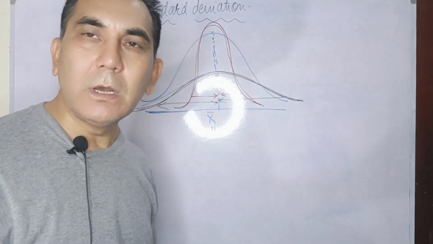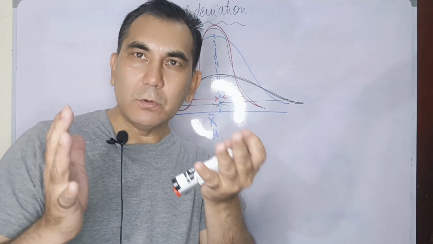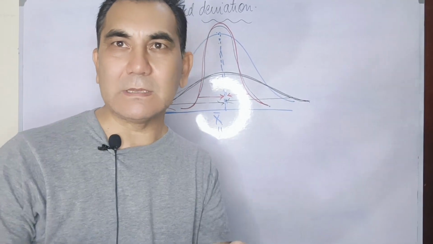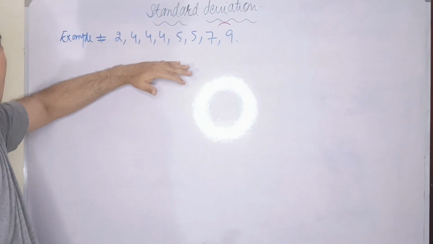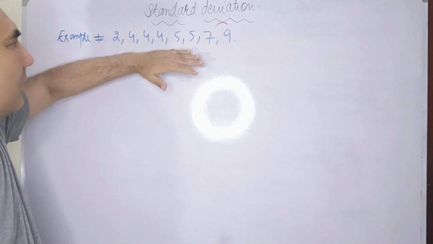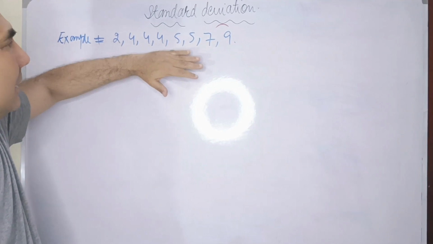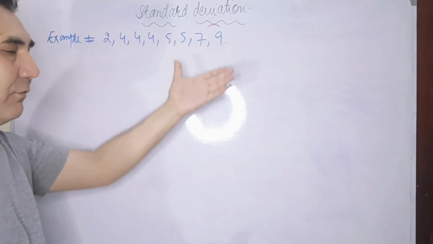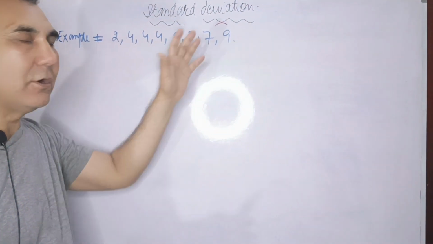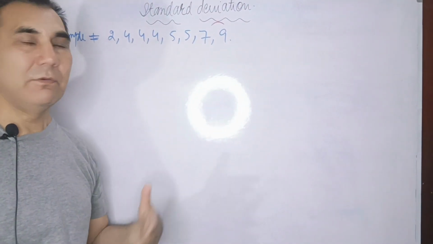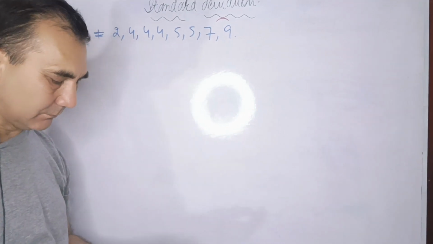Let's see how to calculate the standard deviation with an example. It is the score of a biostats quiz out of 10 of 8 students, which is written over here.